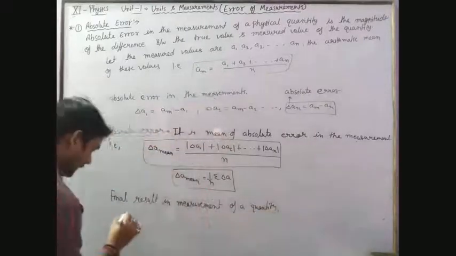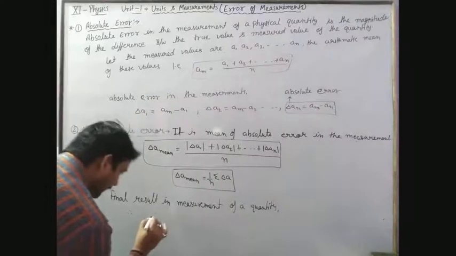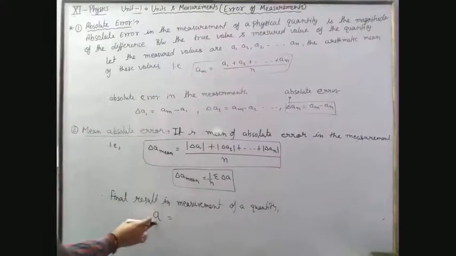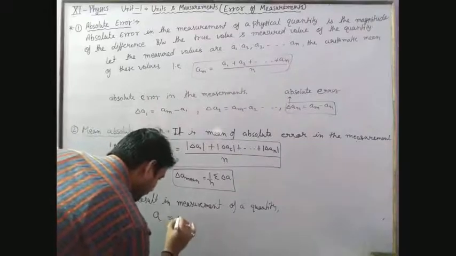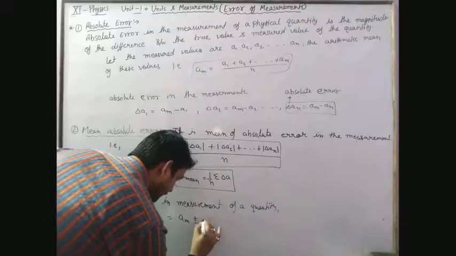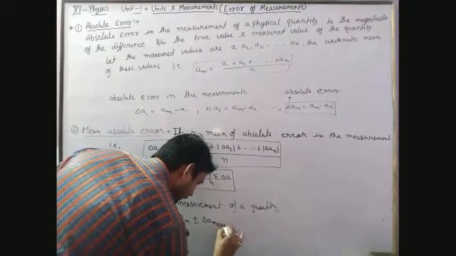Suppose we measured the quantity A, then the measured value result is given by the arithmetic mean A m plus minus del A mean.